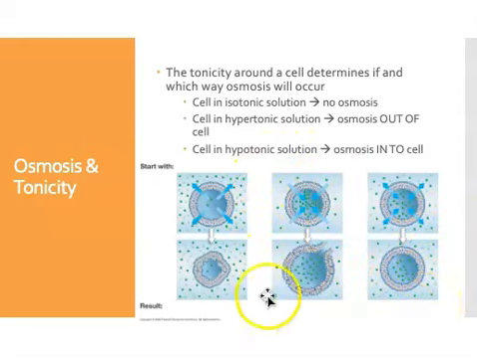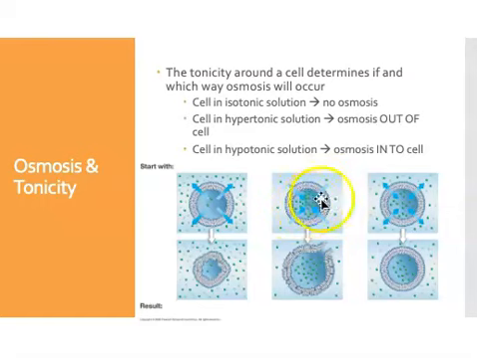The pictures in the middle represent a cell sitting in a hypotonic solution. Remember, tonicity is about the outside relative to the inside. This cell is sitting in a hypotonic solution. The number of particles outside is less than the number of particles inside.